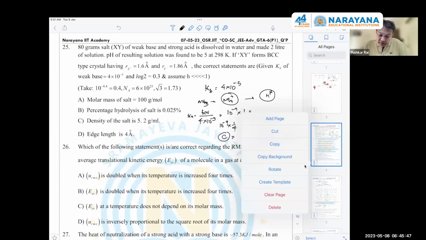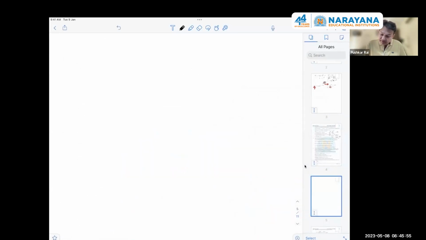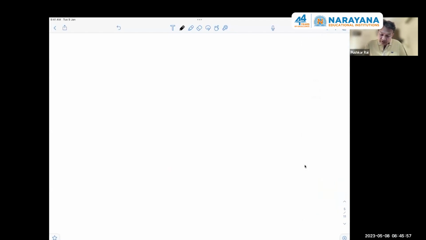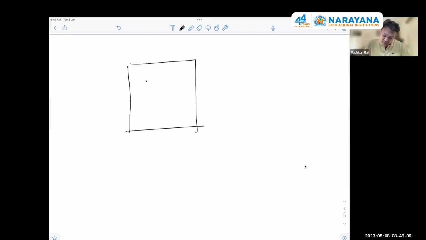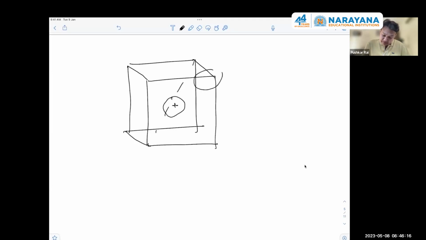So it is already NaCl type, XY forms a BCC type of crystal. When we say BCC, that means body centered cubic. I think there is a mistake here. It is not BCC. The quality of the question is such that you would say you can avoid this. It should not be called body centered cubic. There is a cation here, and these are the anions.